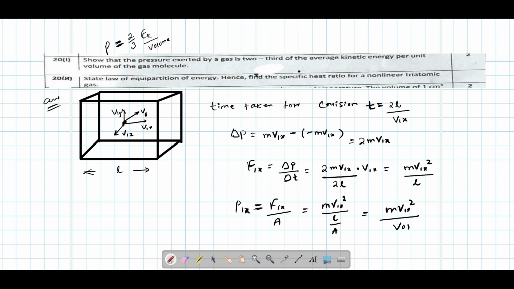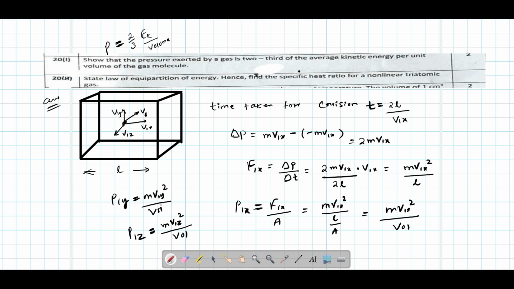P1y is also mv1y square divided by volume. P1z is mv1z square divided by volume. P1x, P1y, P1z, that is the pressure.